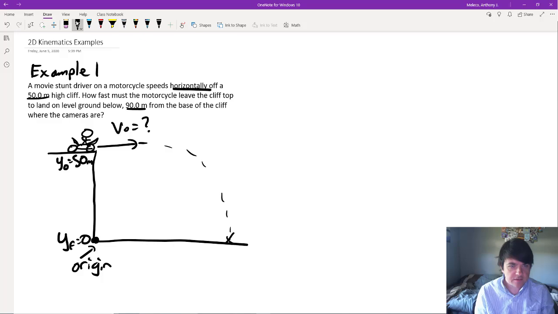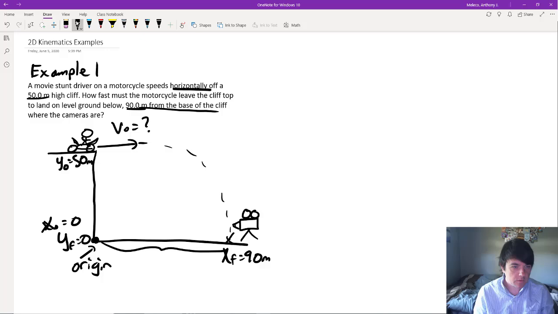They say the cameras are 90 meters from the base of the cliff, which is where he's landing. Cameras look something like that. So x final is 90 meters from the base, because that's the length of that, and so x initial would be 0. All right, what else does it tell us?